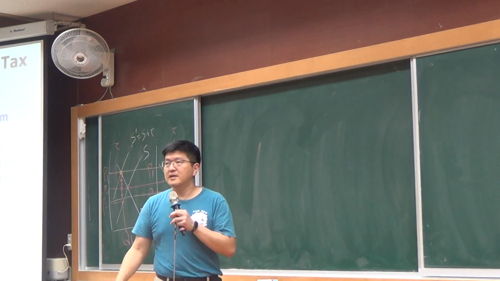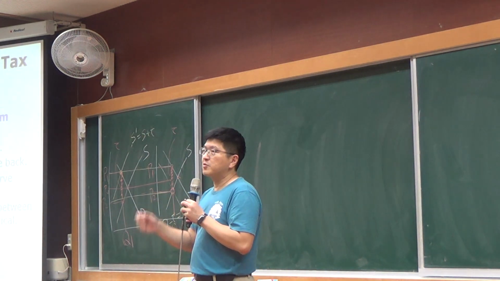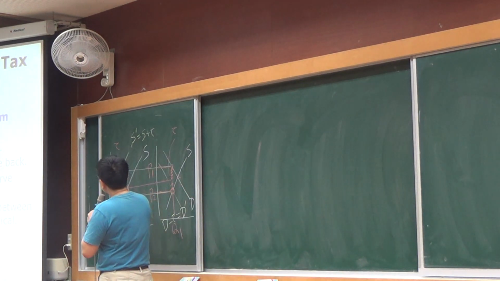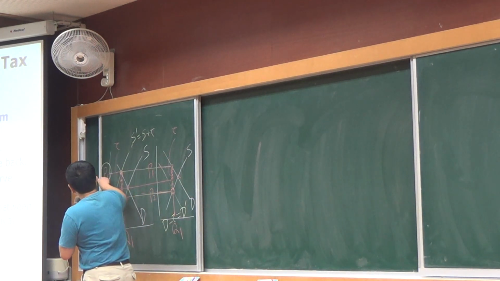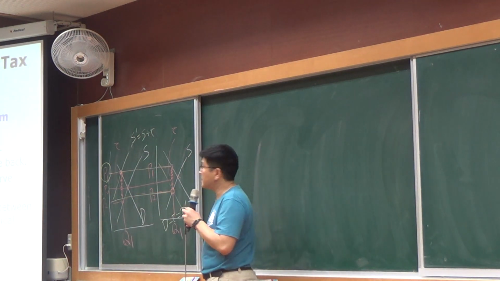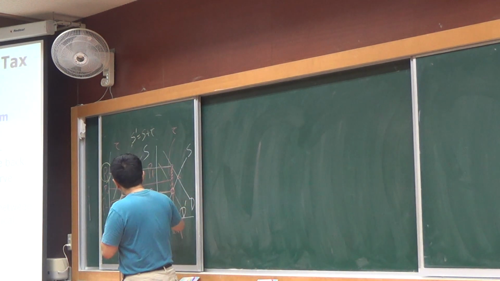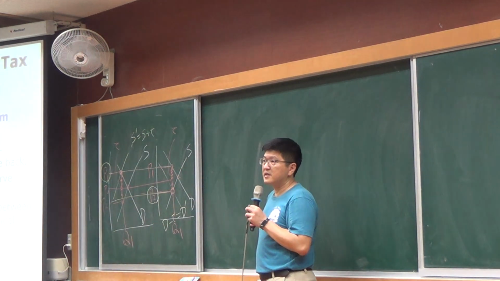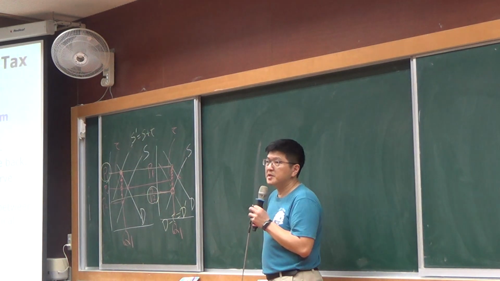Everything is the same, except for one thing, the market price. In this case, you see the price transacted in the market would be P1. And in this case, the market price transacted in the market would be P2.